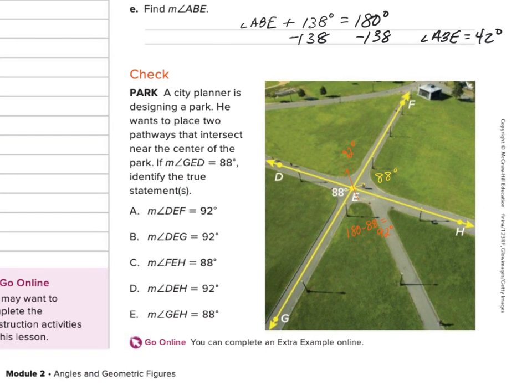If the city planner is designing a park, he wants to place two pathways that intersect near the center of the park. If angle GED is 88 degrees, identify the true statements. Okay. DEF is 92 degrees. That's a true statement. DEG is 88 degrees now.